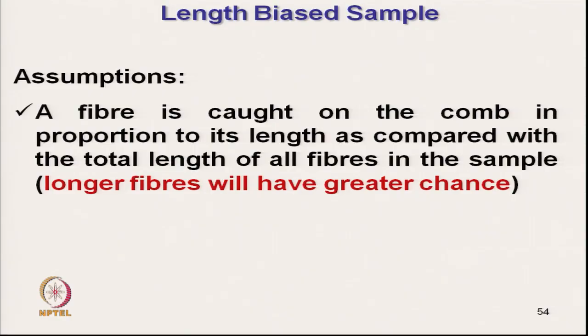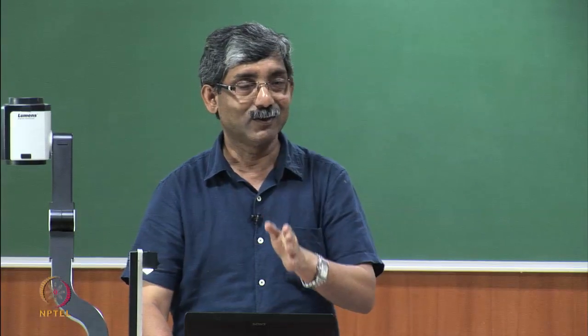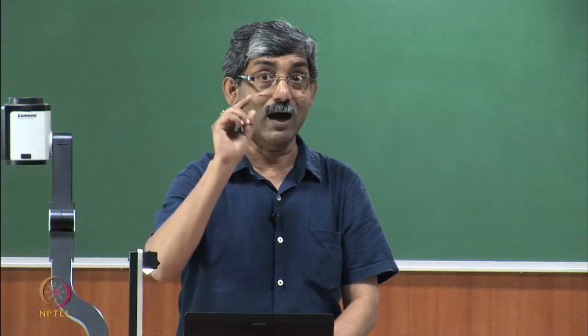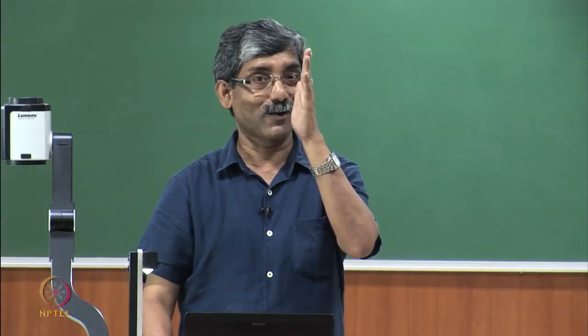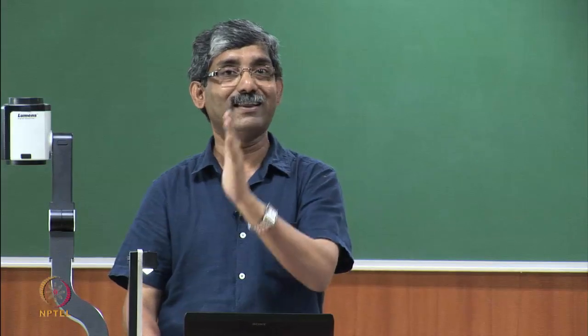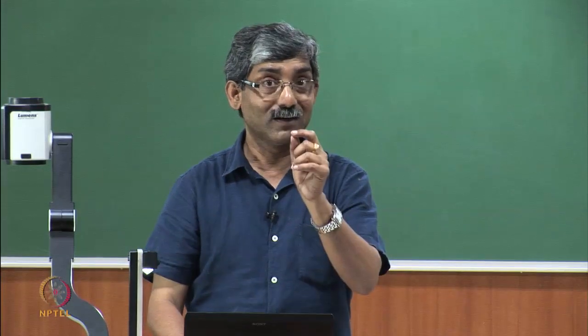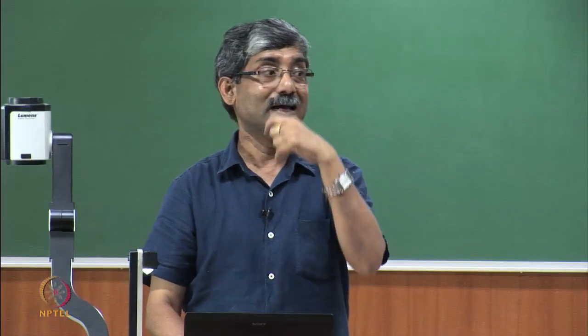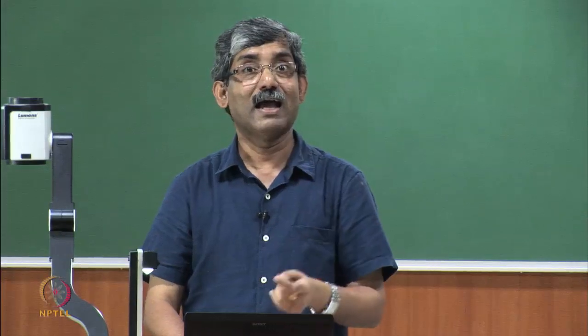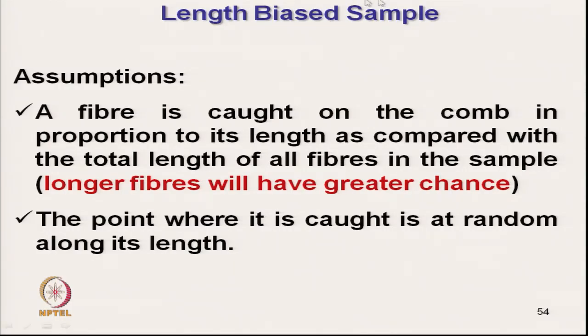That means fibers with higher length will have a higher proportion, but in our example of polyester all the fibers have the same length, so all the fibers have equal chance, but in cotton a longer fiber will have a greater chance. That is the first assumption, and the second assumption is that the point where it is caught is random along its length.